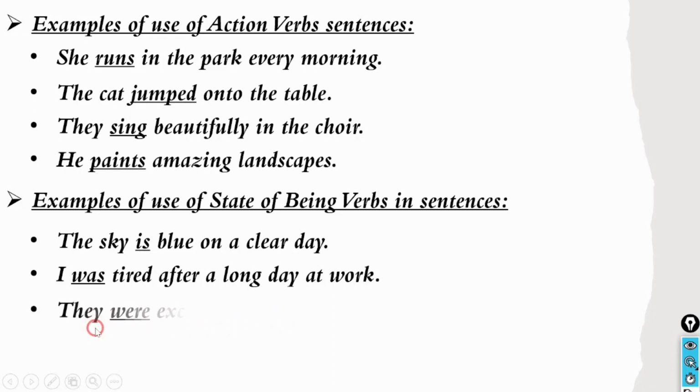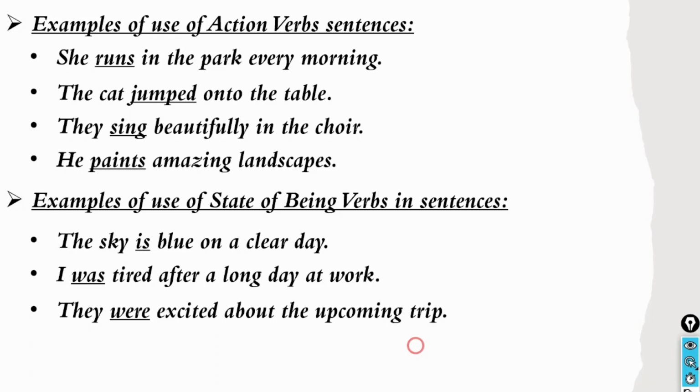Okay. Then also they were excited about the upcoming trip. They were excited about the upcoming trip. So the word were is a state of being verb. Okay. It is indicating the state in which they were in regard to the upcoming trip.